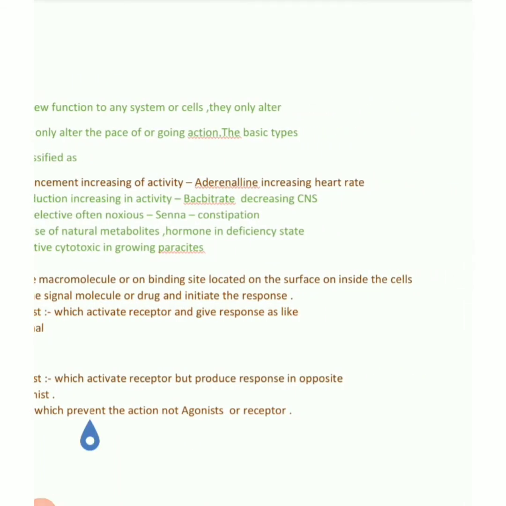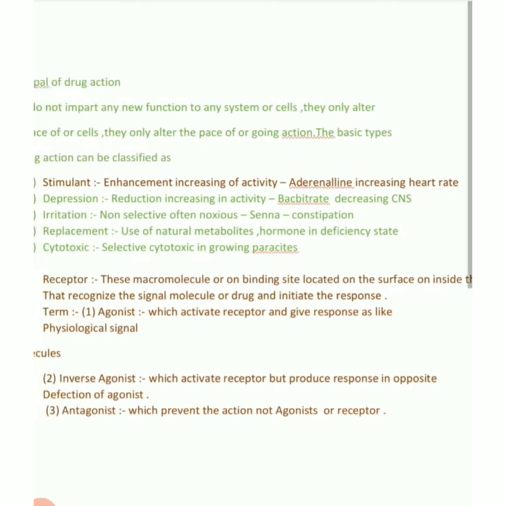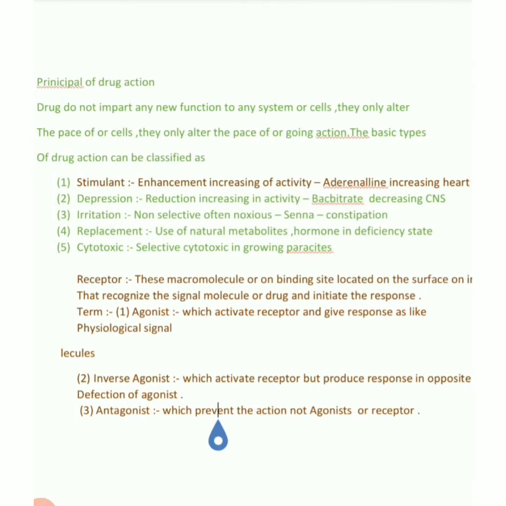That recognizes the signal molecule. Another line is very important, friends: recognize means identify. The receptor identifies the signal molecules. Physiological signals can be identified by the receptor, and also signal molecules or drugs.